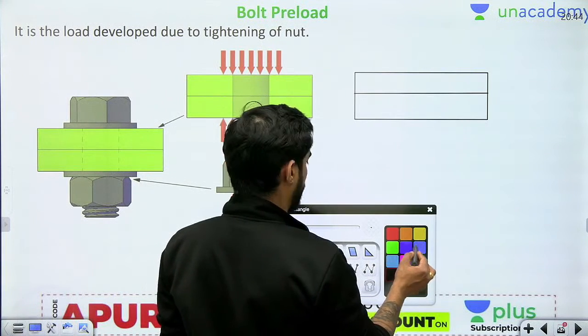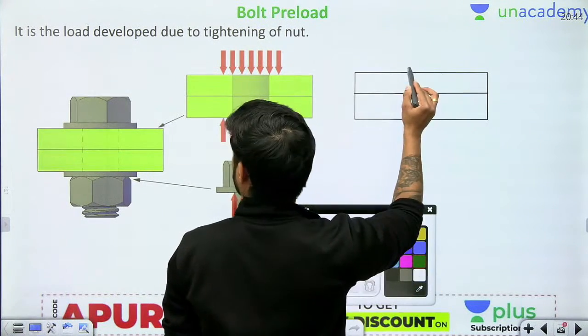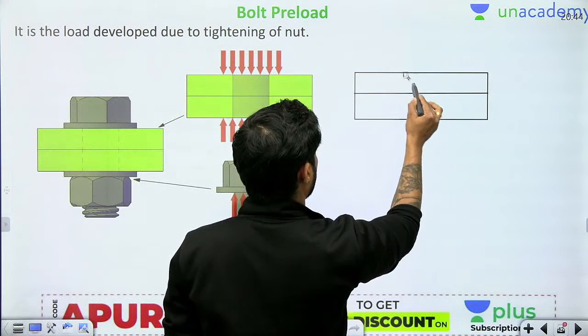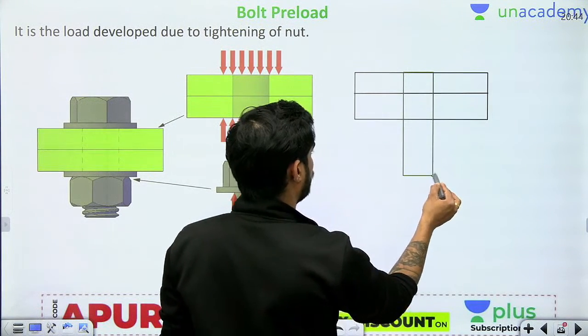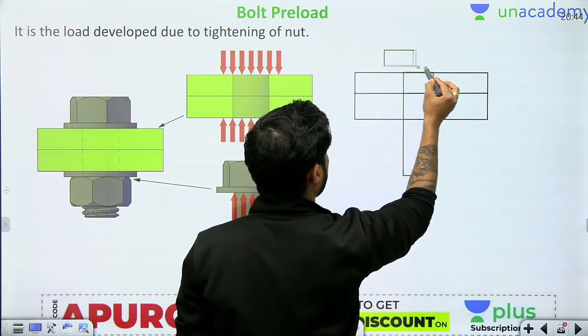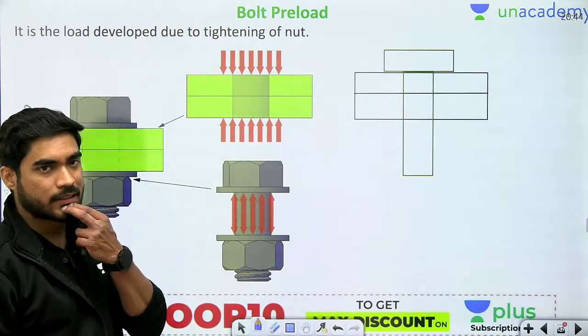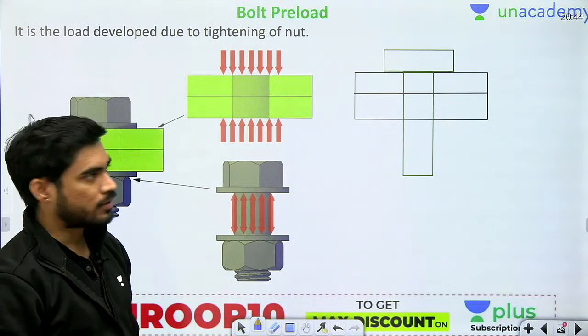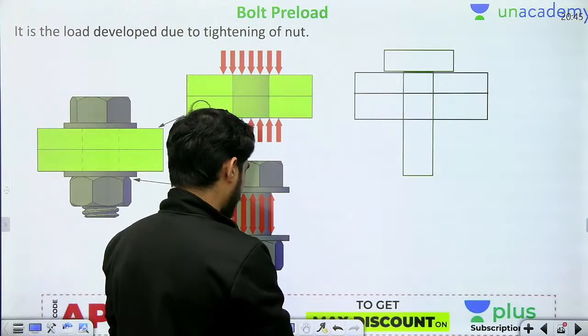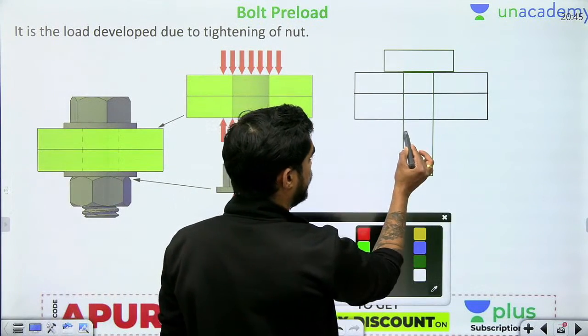Let's say this is my bolt. One end is closed but the other end is not closed. On the other end there are threads like this.